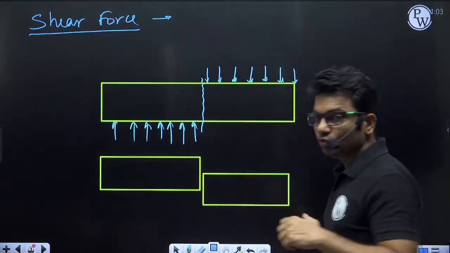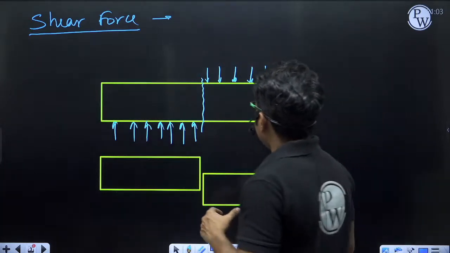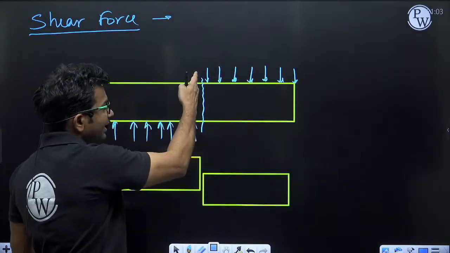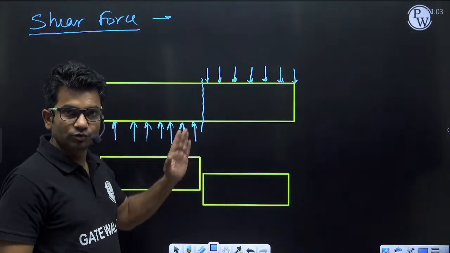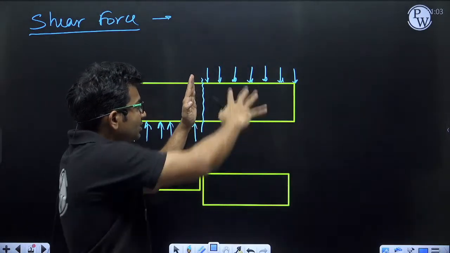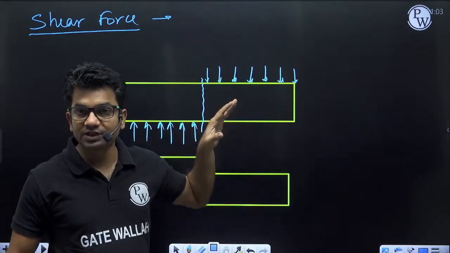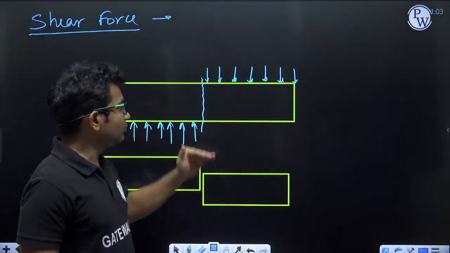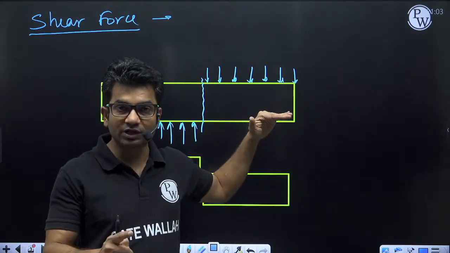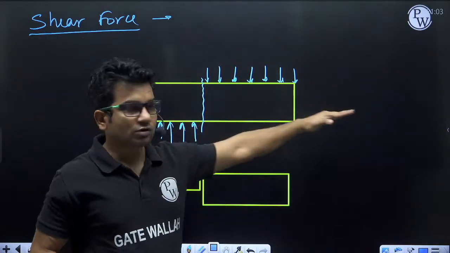Now, how to calculate the shear force? If I want to calculate shear force at this cross section, I will do the summation of all the transverse forces. Remember, transverse forces. What is the meaning of transverse forces? Transverse forces are the forces that are perpendicular to the axis of the beam.